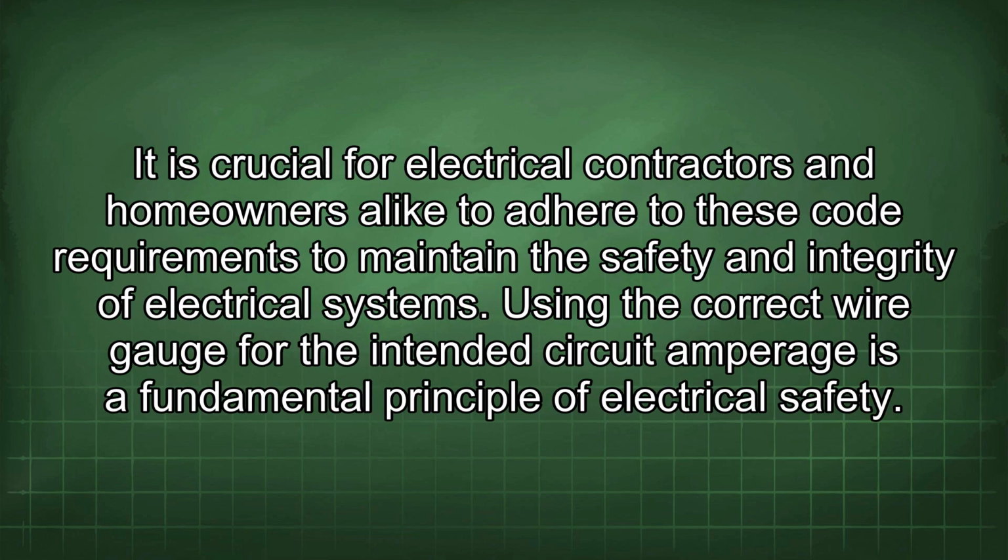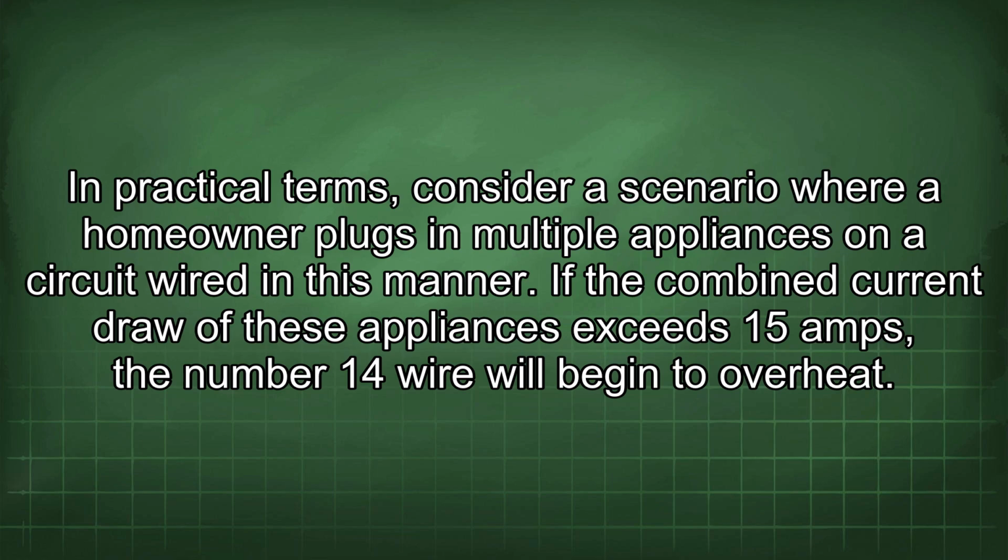It is crucial for electrical contractors and homeowners alike to adhere to these code requirements to maintain the safety and integrity of electrical systems. Using the correct wire gauge for the intended circuit amperage is a fundamental principle of electrical safety. In practical terms, consider a scenario where a homeowner plugs in multiple appliances on a circuit wired in this manner.